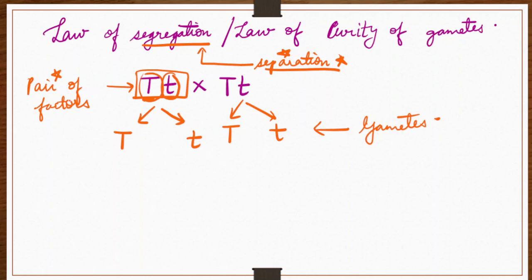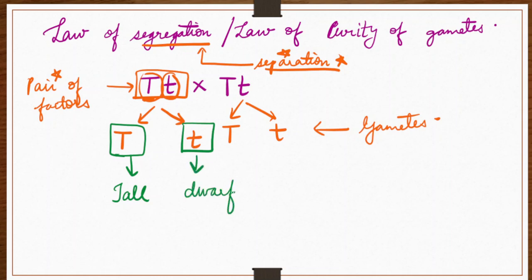Means they will form different gametes. It is not like capital T small t is one gamete. No, they are forming separate gametes. Like one is capital T which will give you a tallness effect. This gamete small t will give you the effect of dwarfness, right? Each gamete will give its own effect.